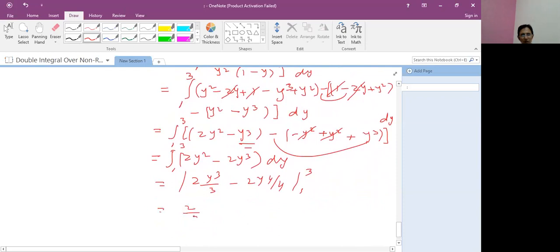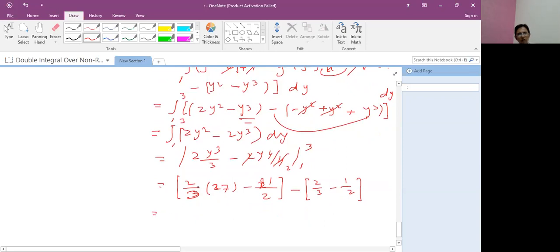So 2 upon 3 and 3 cube, it is 27, minus 2 times 3 raised to the power 4. If we divide it by 2, it is 81 upon 2. 3 raised to the power 4 means 81. When we are applying the upper limit, next the lower limit: 2 over 3 minus 1 upon 2.